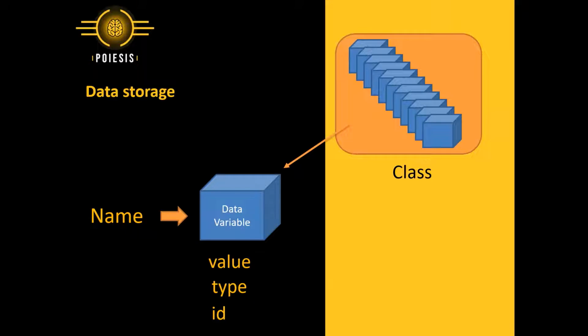A memory container has three attributes. Value means the data variable it is holding. Type means the data type of the data variable or value. And ID means a unique identifier.